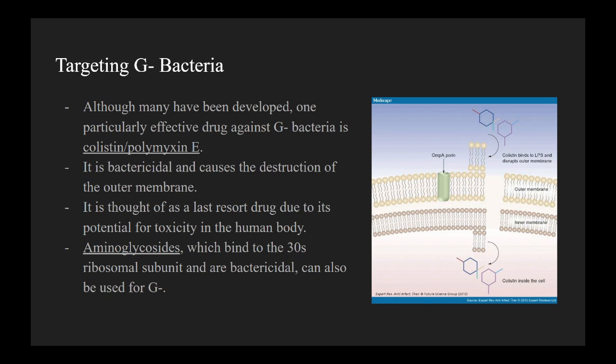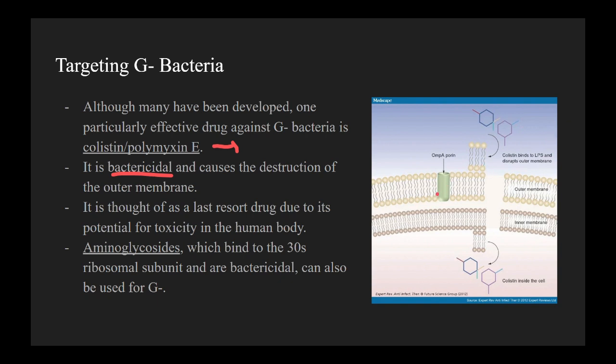So there's a lot of different methods, but one that I'll mention is this specific drug called colistin/polymyxin E. These are just two names for the same thing. So essentially, this is a bactericidal antibiotic that specifically can help kill the gram-negative bacteria, and that's because it causes the destruction of the outer membrane here.